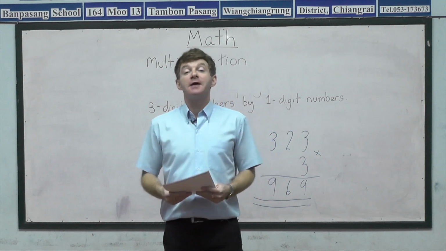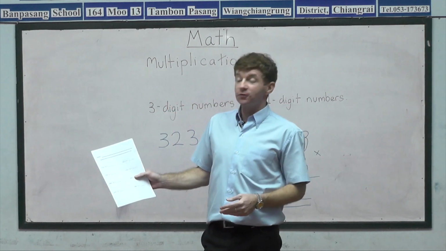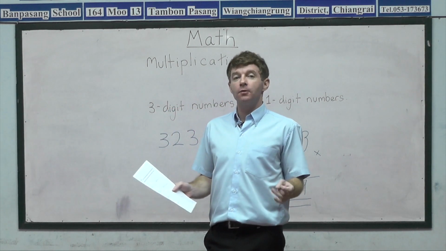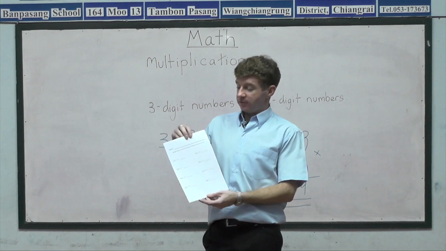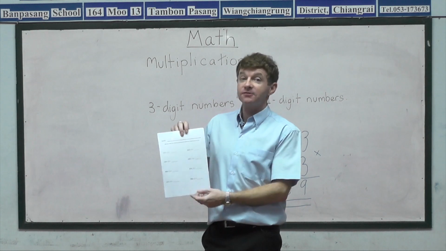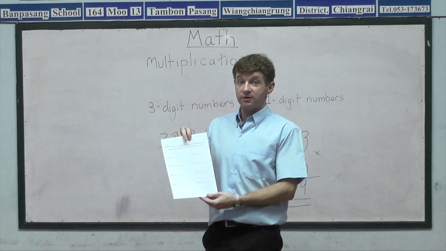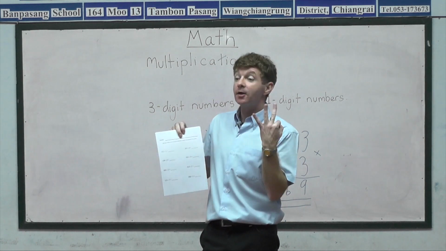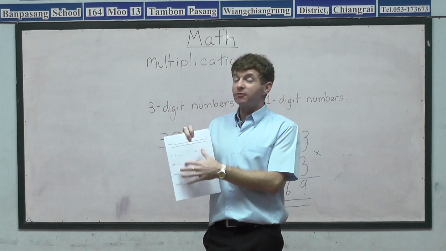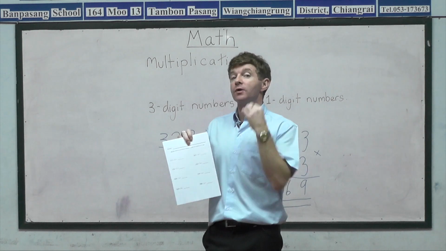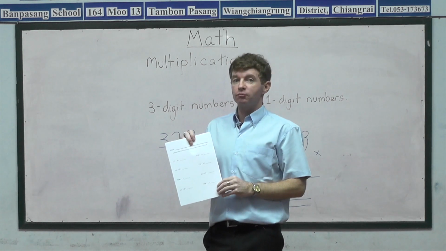And now it's time for our worksheet activity. So teachers, what you will need to do is print off a worksheet for each of your students. As you can see, there is a series of multiplication problems. How many digits, guys? 3 digits by 1 digit. And for these problems today, we don't need to carry over or use regrouping.